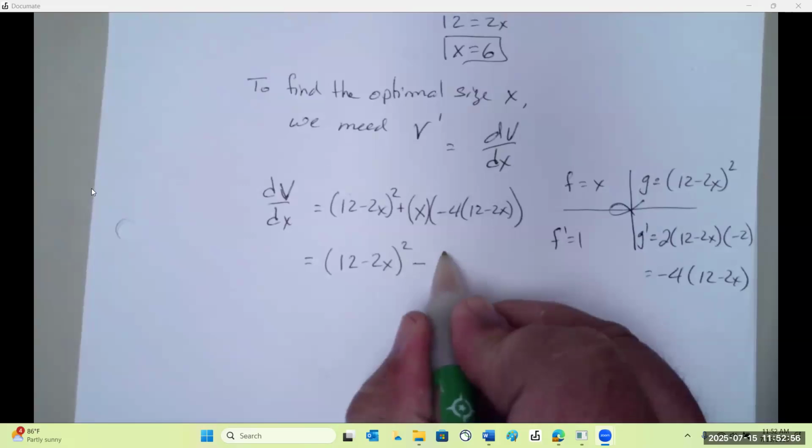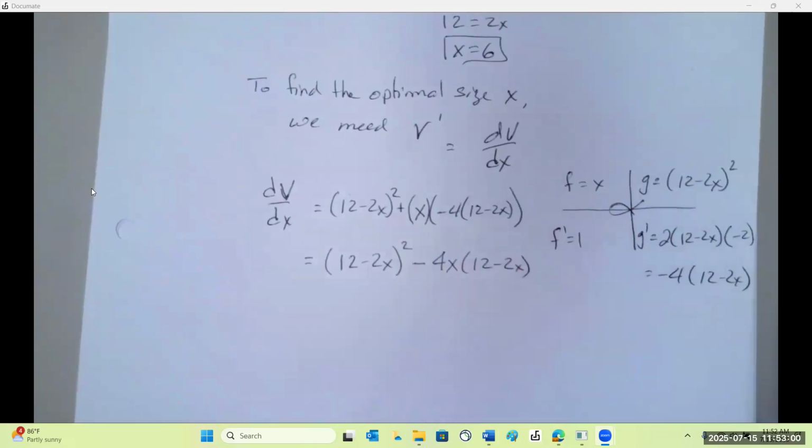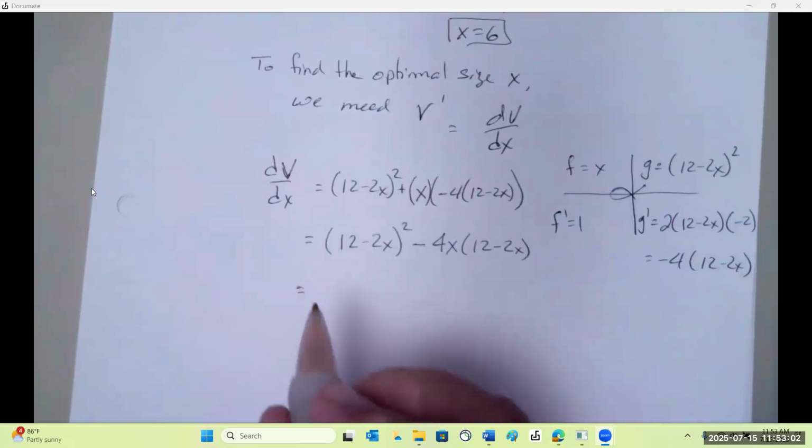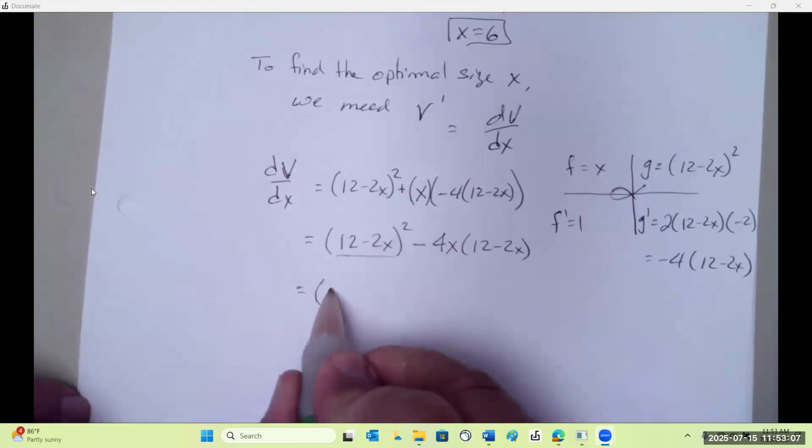So it's 4x, 12 minus 2x. Either way, we're going to have to FOIL this first one out anyway.